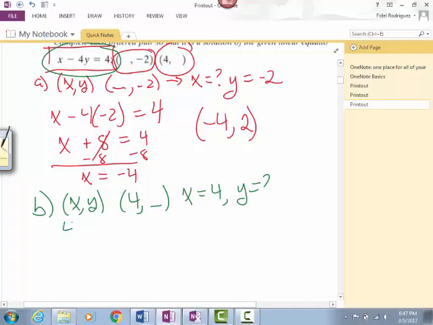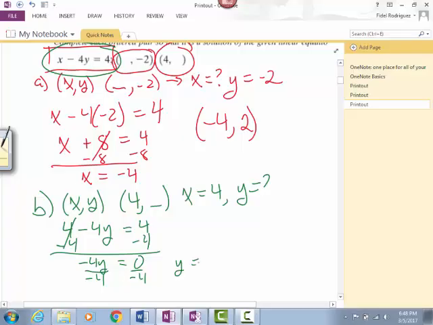So I'm going to write 4 minus 4y equals 4. I want to solve this equation for y. My first step is to subtract 4 on both sides. That's going to leave me with -4y equals 0. When we divide both sides by -4, we're going to come up with y equals 0. And so now I can write my point. We already knew that the x number was 4, and we just found the y number to be 0.